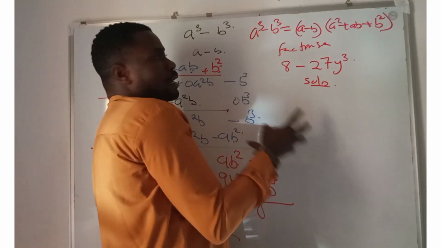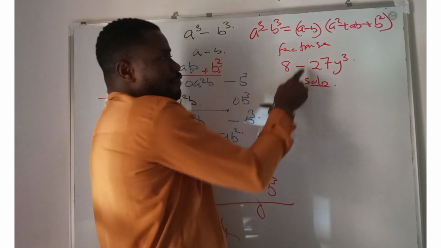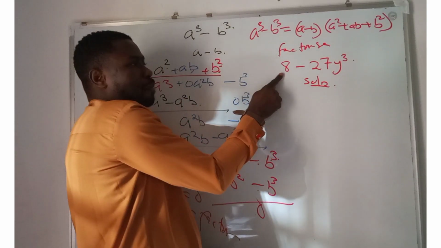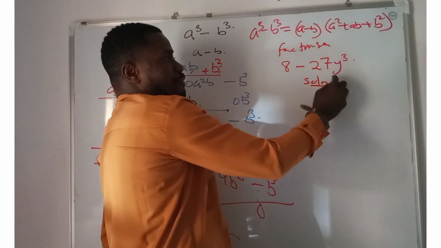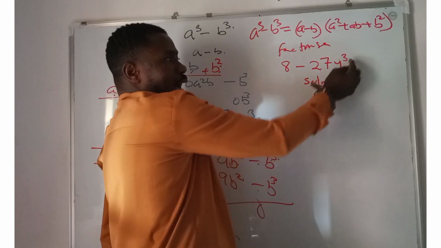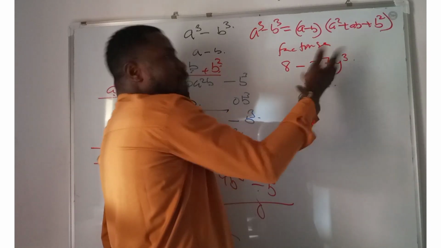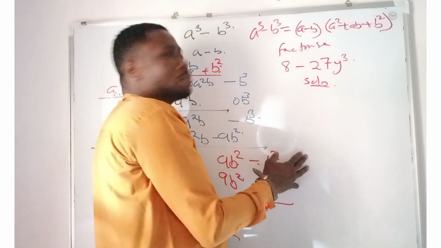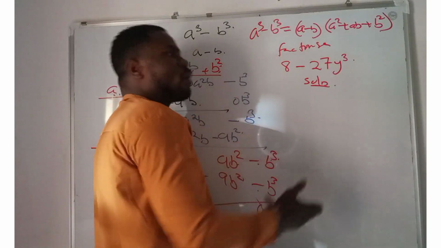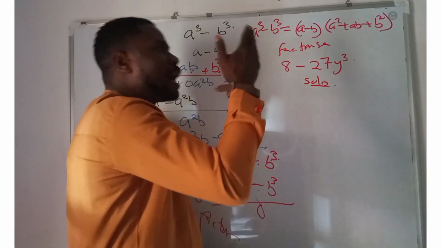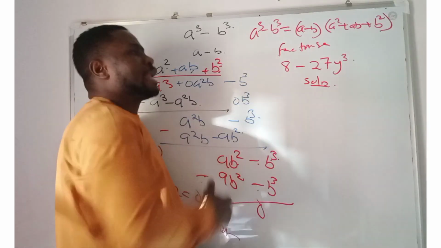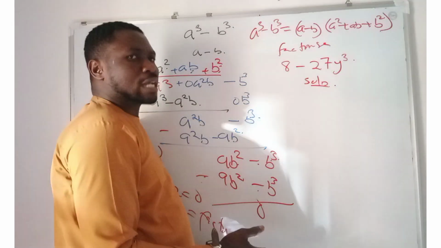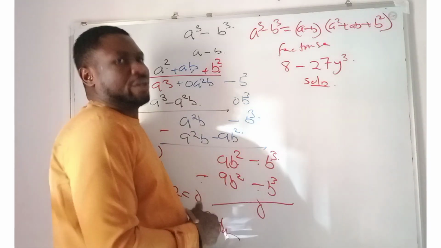You ask yourself, do we find that here? Before this minus sign, you have not seen any power 3 here. And even after the minus sign, the only power 3 that we have seen is this base that has this power 3, while this other one is not in the form of power 3. But the main thing is that everything that appears before the minus sign should be raised to power 3, and everything else after the minus sign should equally be expressed to power 3.